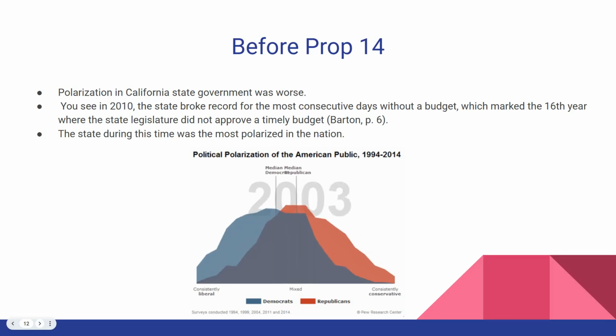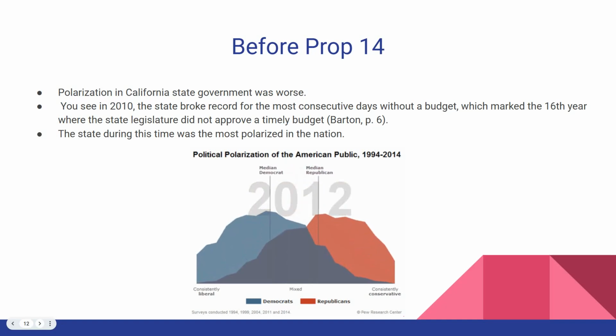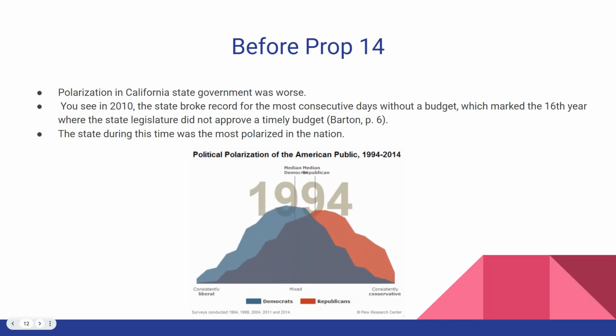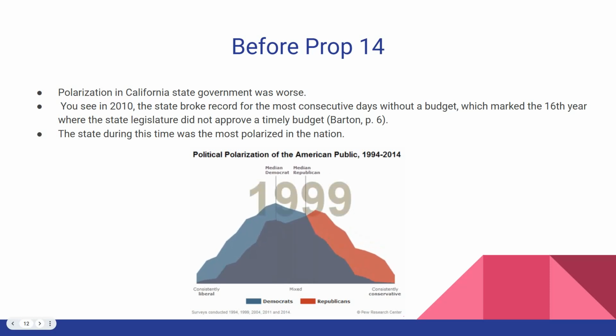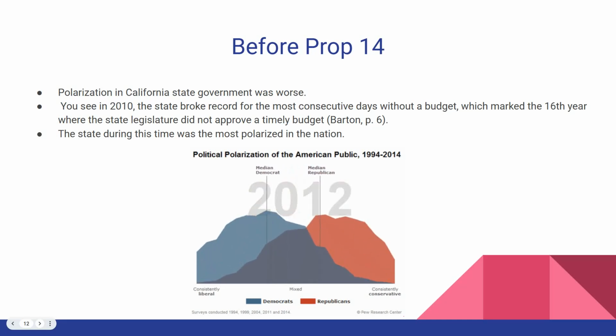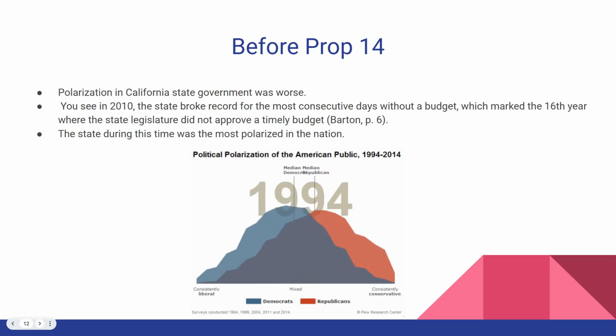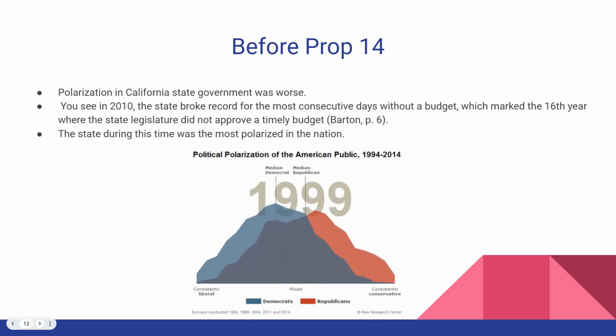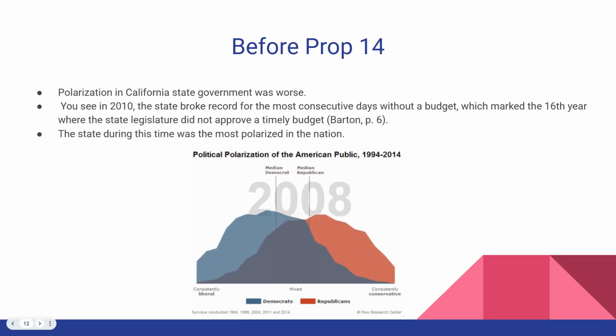So before Proposition 14, the state of California's government was the most polarized in the nation. It was worst because in 2010, the state broke the record for the most consecutive days without a state budget.